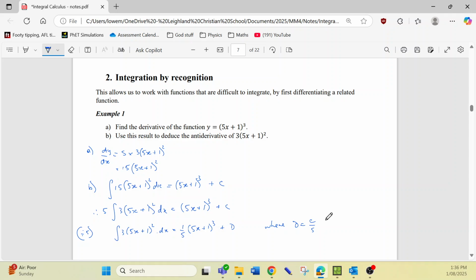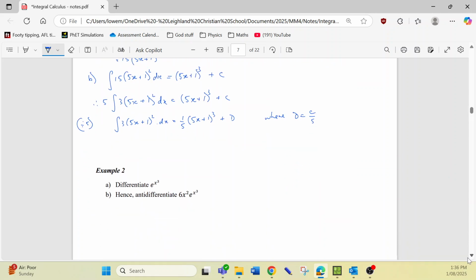You could leave it as c over 5 if you want, or you could even ignore the previous c's and just add it on at the end, because it's just a constant term. Okay, so everyone okay with what we've done there? That's the principle behind this process of integration by recognition.